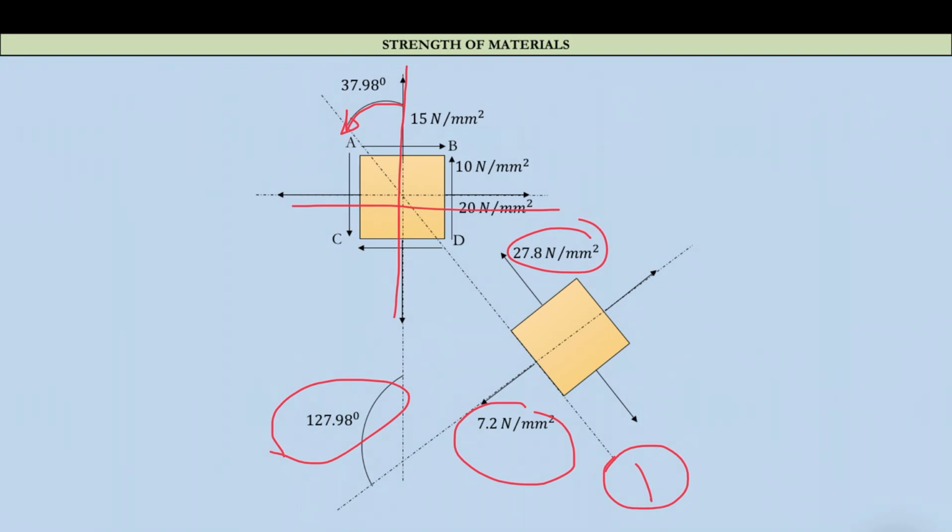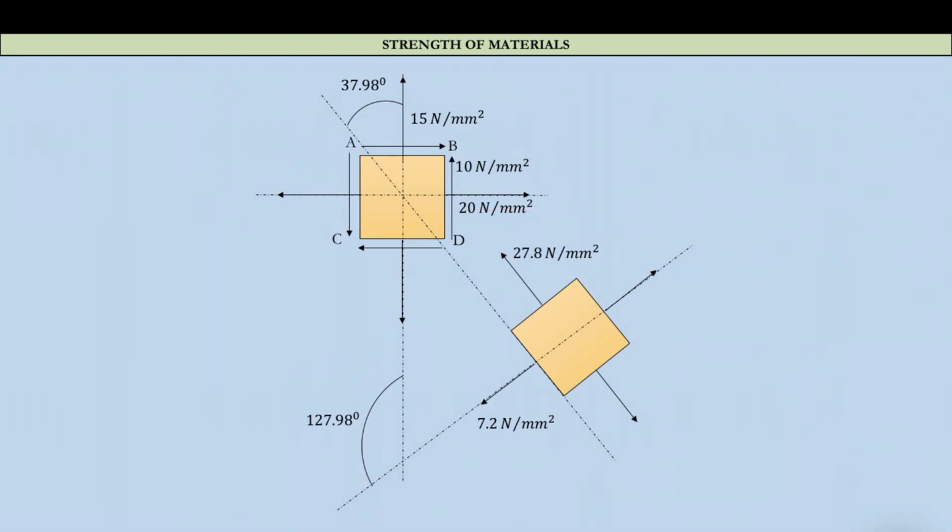So these are the principal stresses, and tau will not exist because on a principal plane shear stress is 0. So in this manner you have to present your final result. Okay, first you have to find the direction, and after finding the direction you have to show the values on those particular planes. So this is all for today.